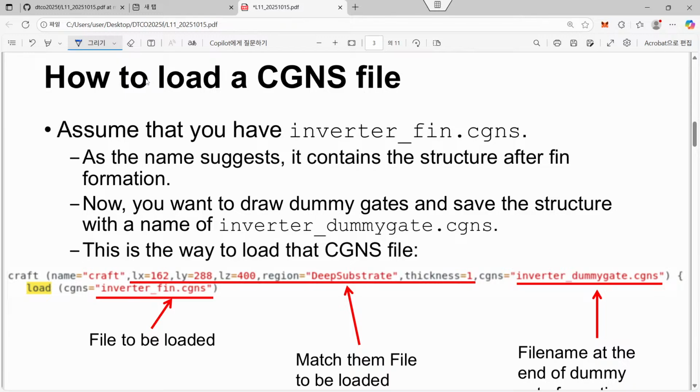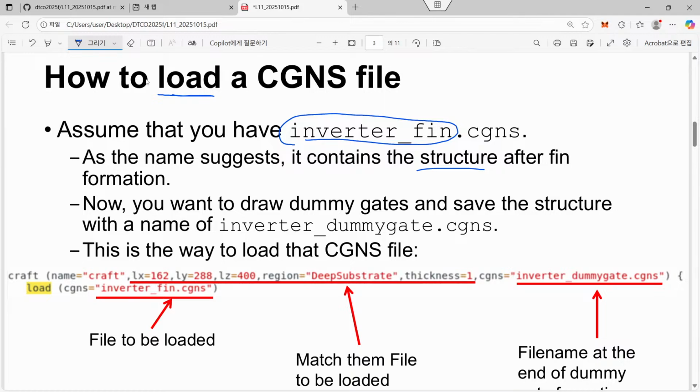So I implemented a load capability for our previously generated CGNS file. Let's assume this case. Now you have a certain CGNS file, its name is fin_inverter_fin.cgns. As the name suggests, let's assume that it contains just a structure after fin formation.